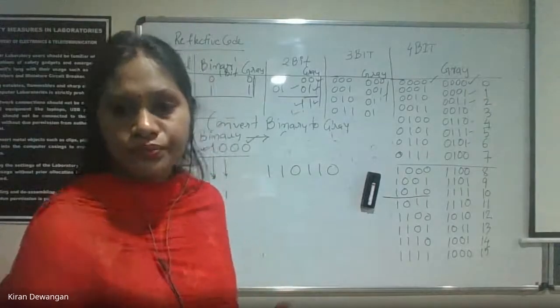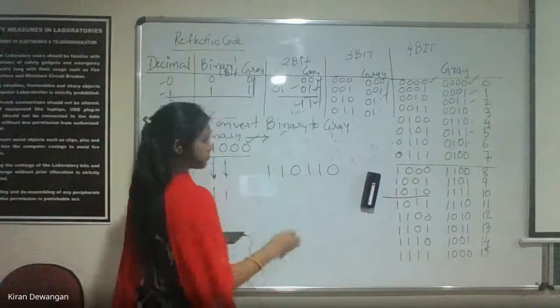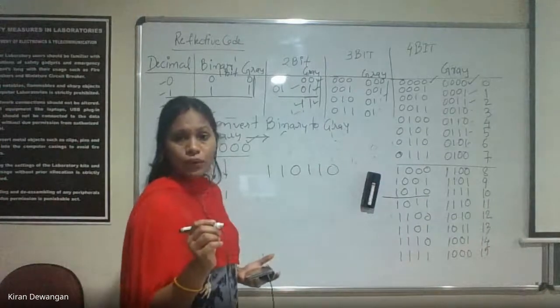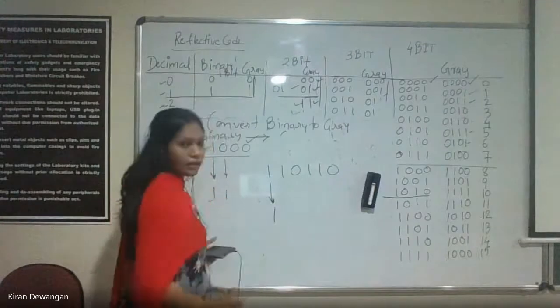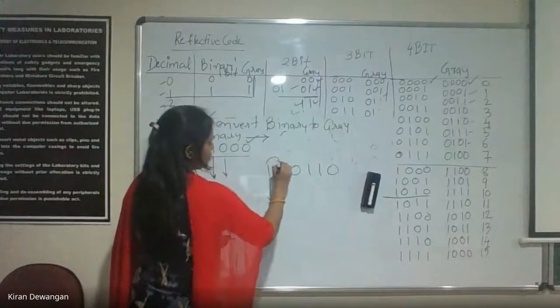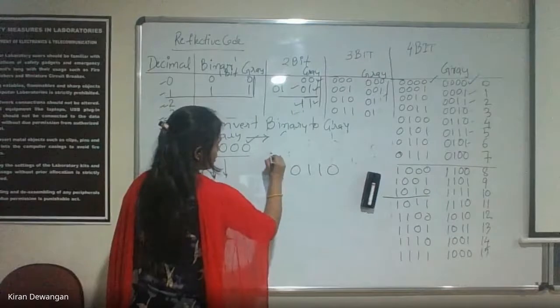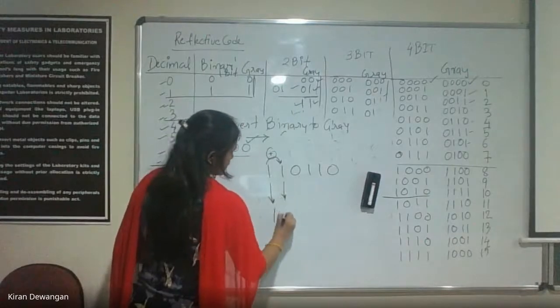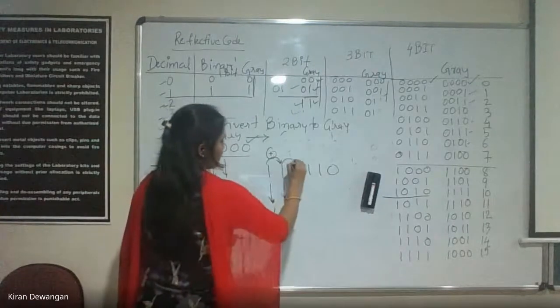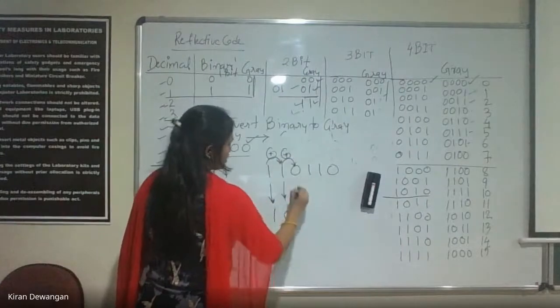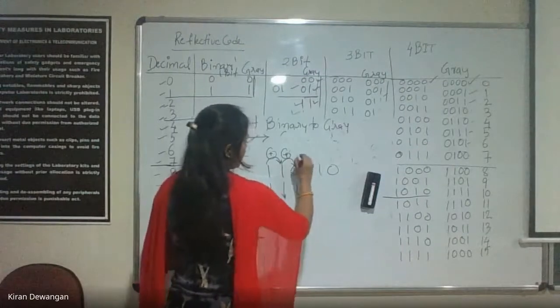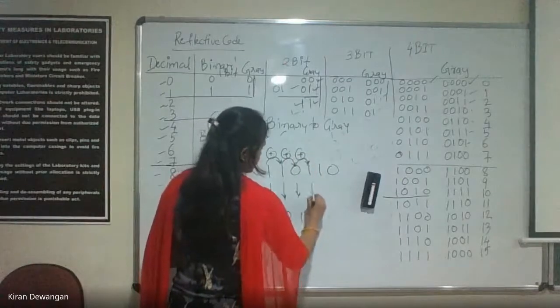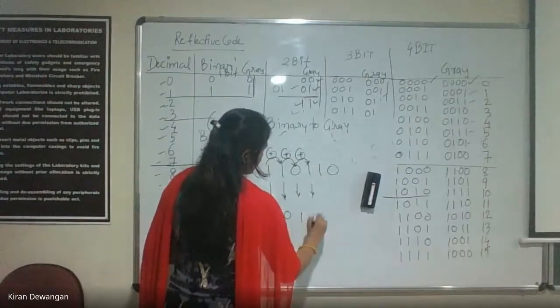10110. Let me check. Is the answer 10110? Okay. This will be 1. These two, 1 and 1 XOR is 0. 1 and 0 XOR is 1. 0 and 1 XOR, it is again 1.